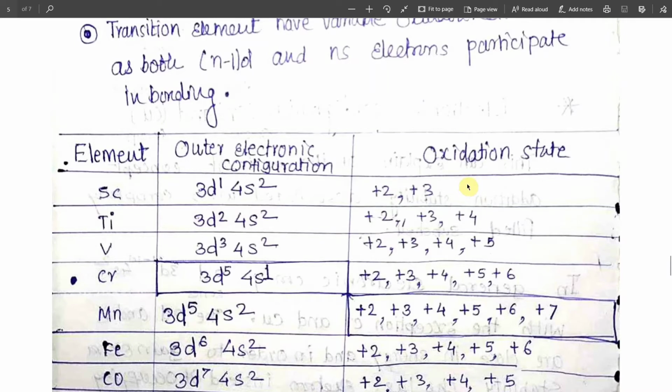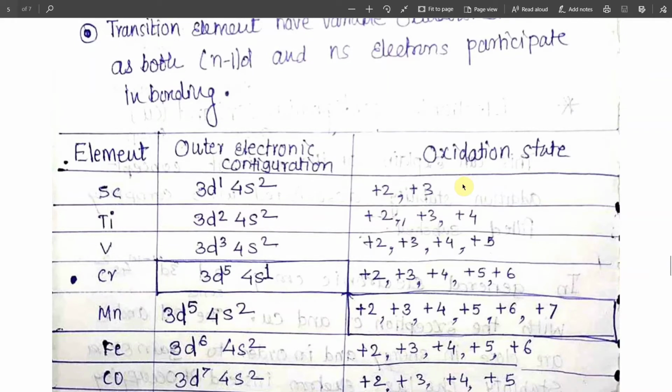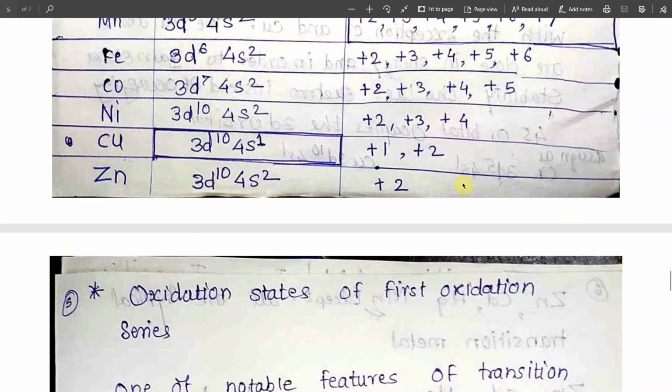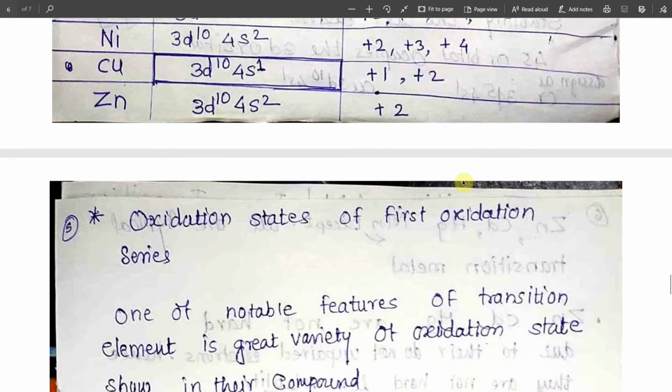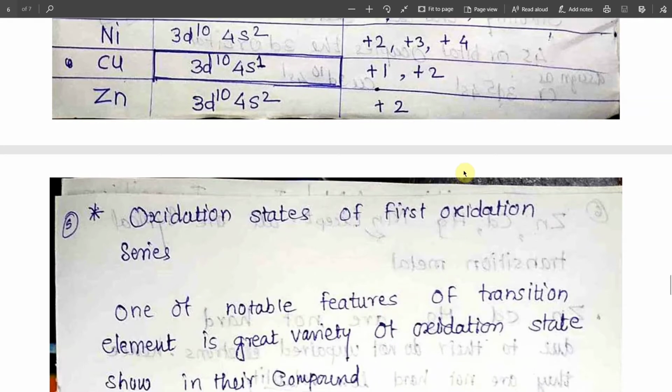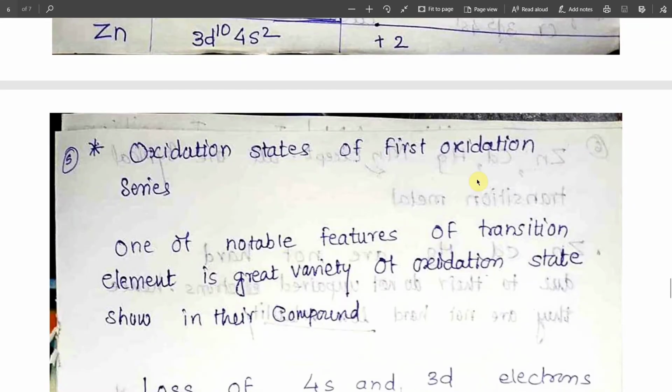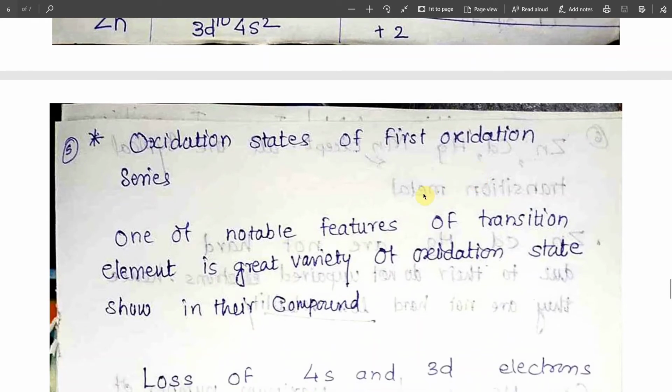Oxidation state, the notable features of the great variety of oxidation states. You have to observe the great variety of oxidation states, the common oxidation states in the first row transition series.